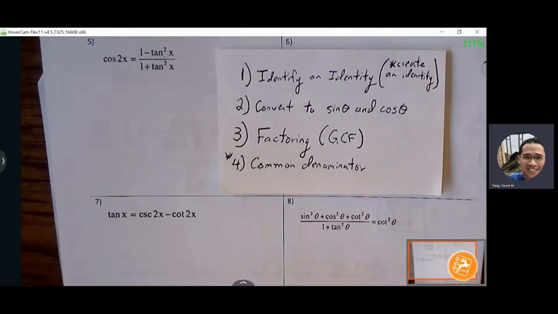And by the way, there is more than one way to work a problem. But what do you guys think here? Yeah, identity. 1 plus tangent could be secant.